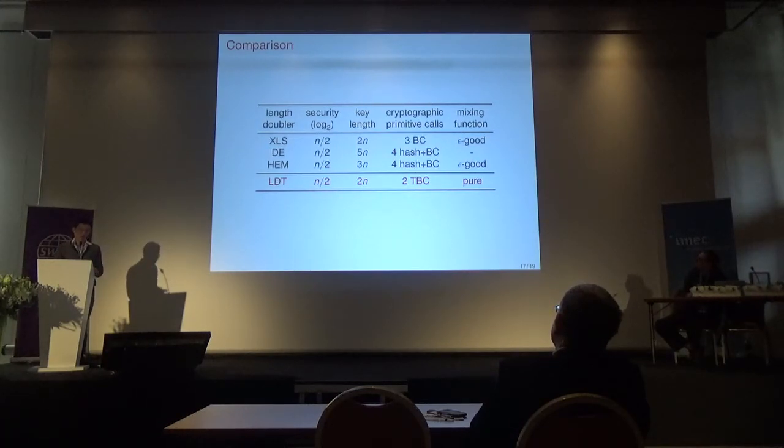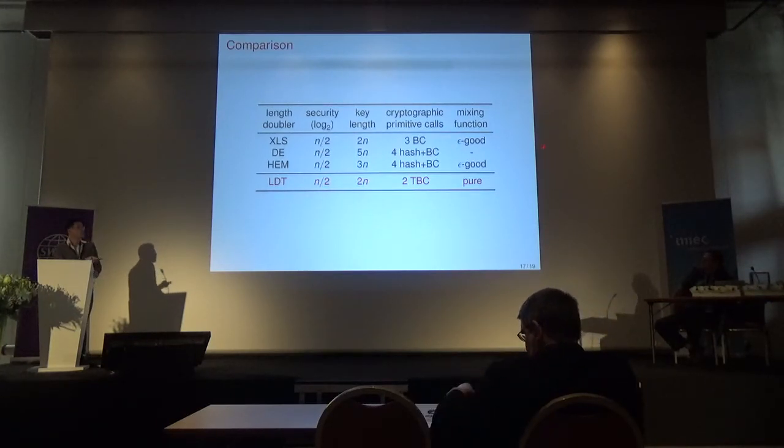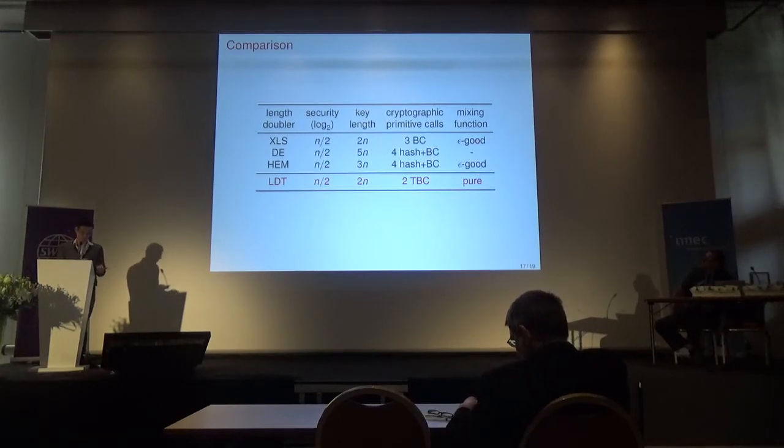And note that we also use a pure mixing function. It makes our construction a little more efficient. And if we use a pure mixing function in HEM, then it will make HEM insecure.